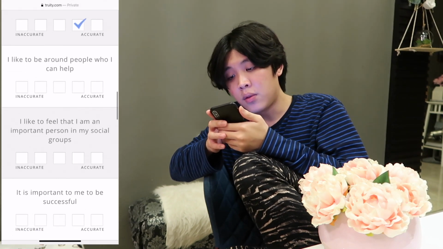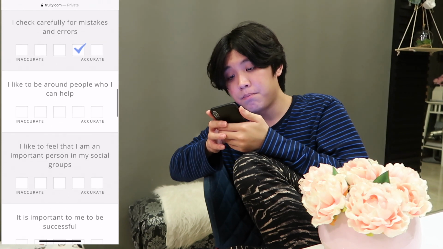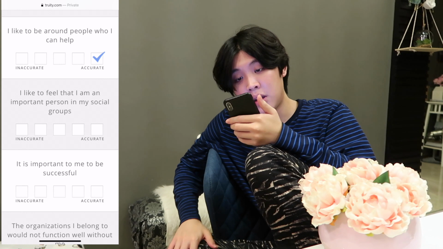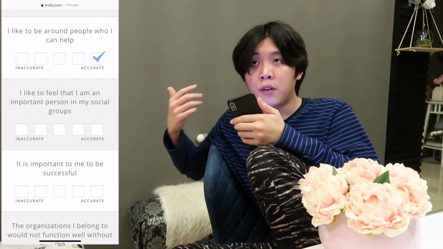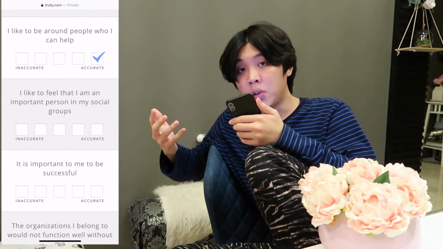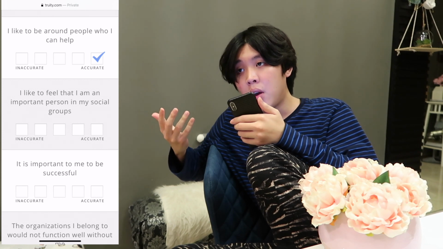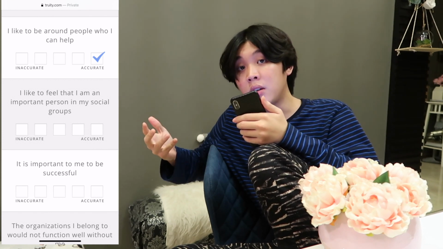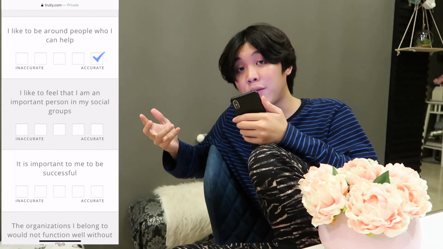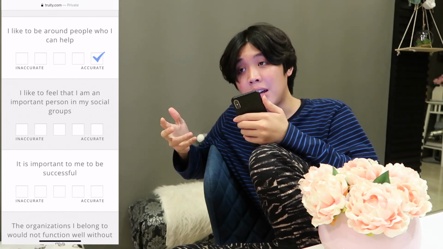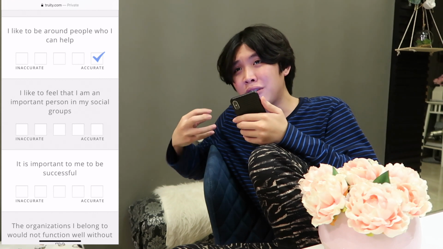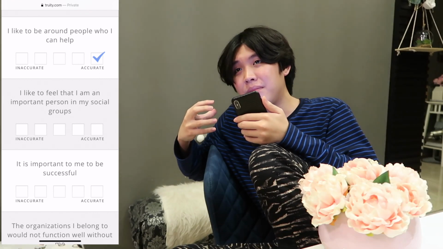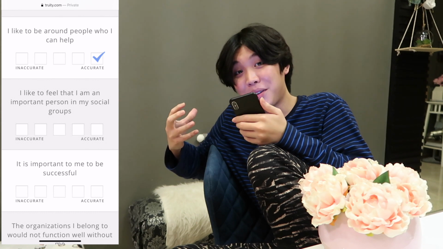I like to be around people who I can help. Yep, that is true. That is freaking true, to be honest. So I don't know why, but when a friend of mine is in trouble or something, and I'm able to give them the advice that they want to hear, or the advice that is best for them, at the end of the day I feel really untouchable, I guess.